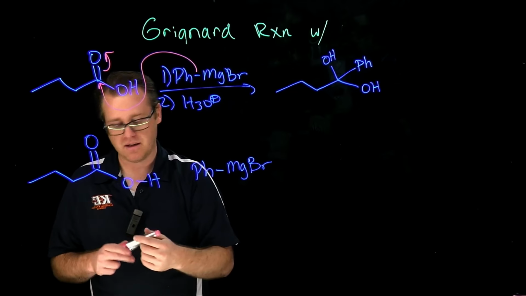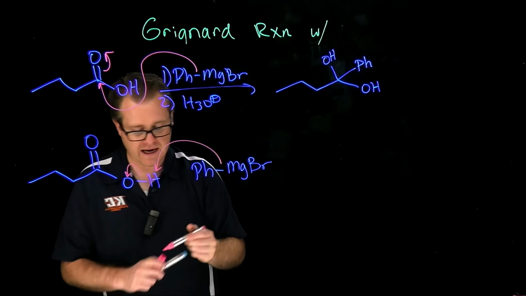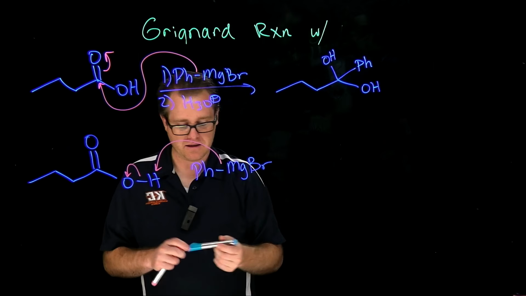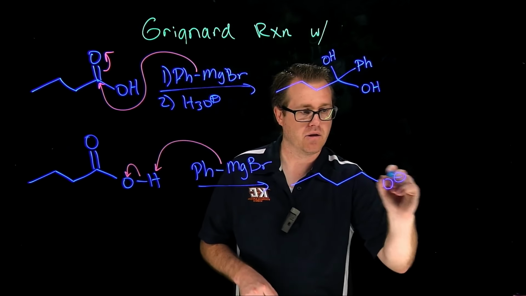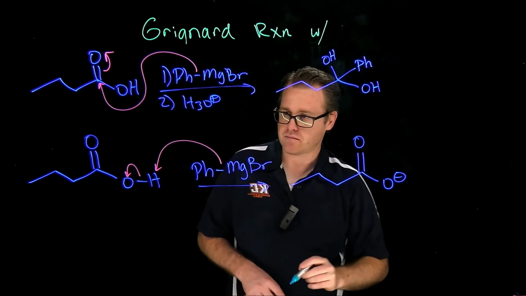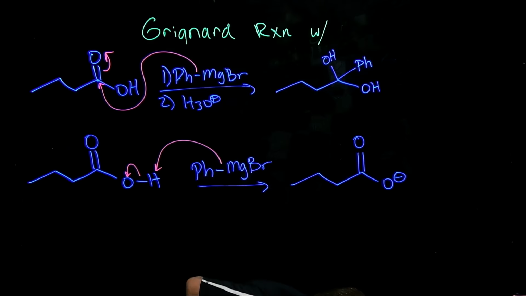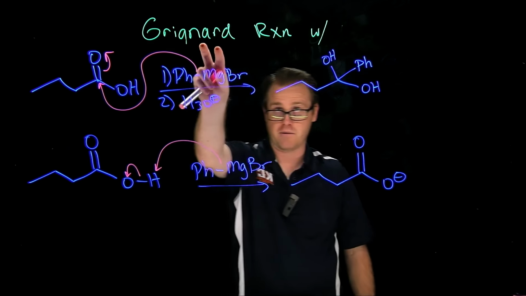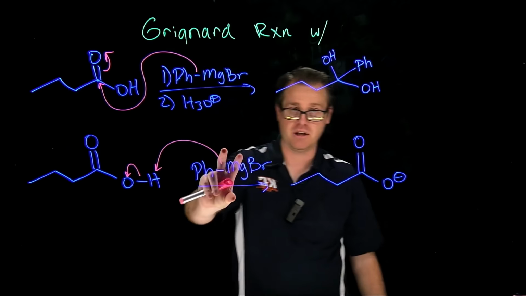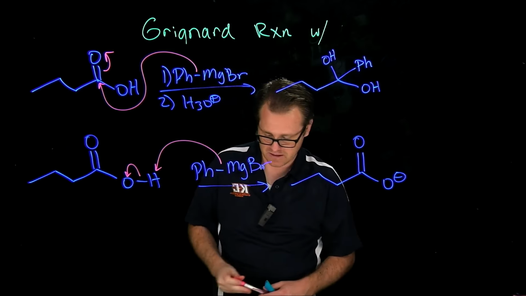We have a carboxylic acid, and that's very acidic. So your Grignard reagent is going to do that to form the carboxylate. And when you form the carboxylate, that's the product. Okay. So Grignard reagents are not compatible with carboxylic acids. Okay.